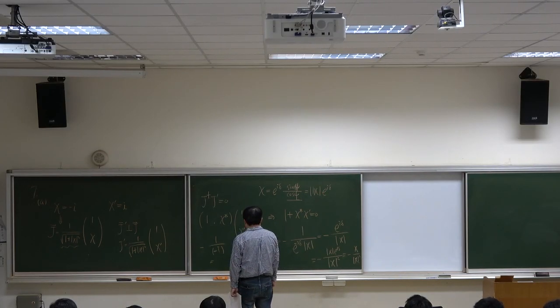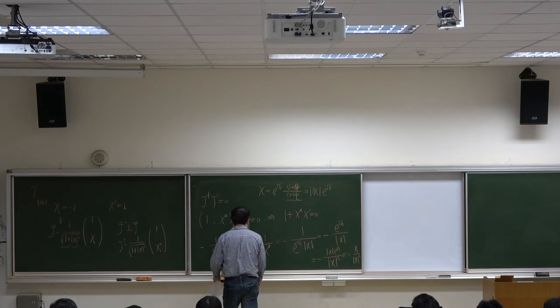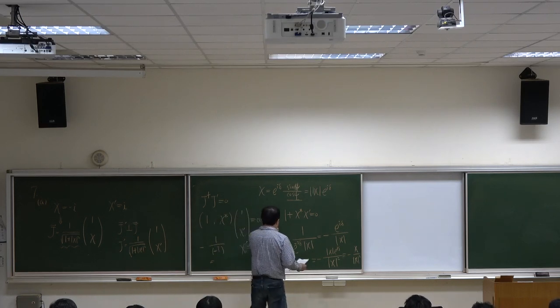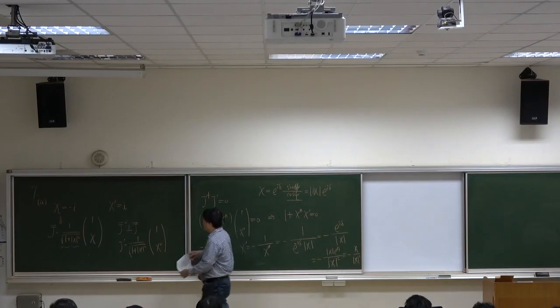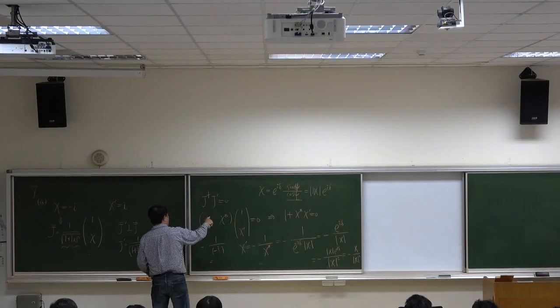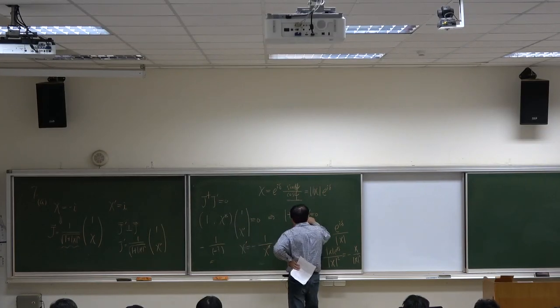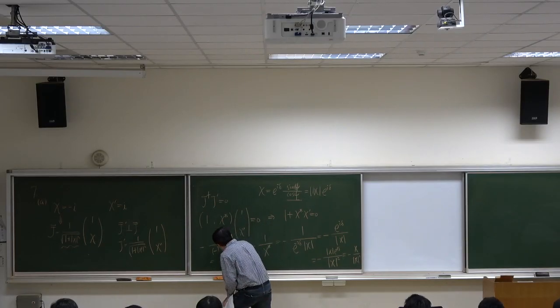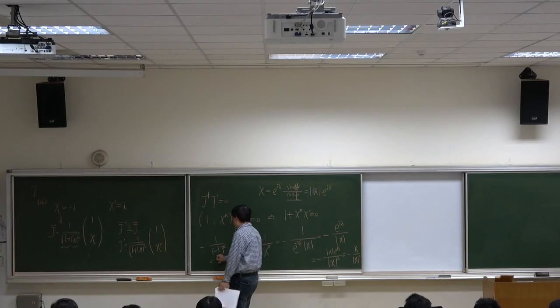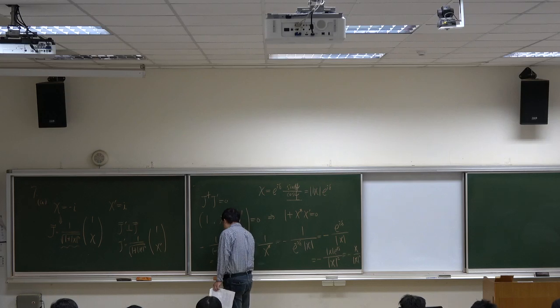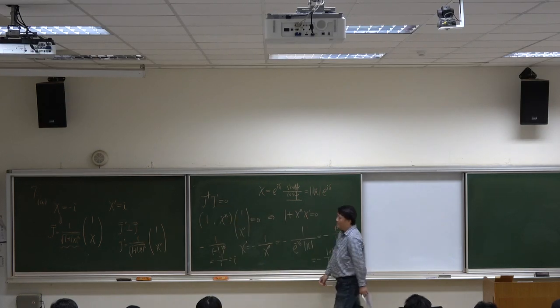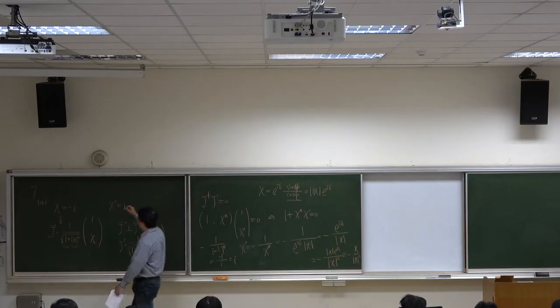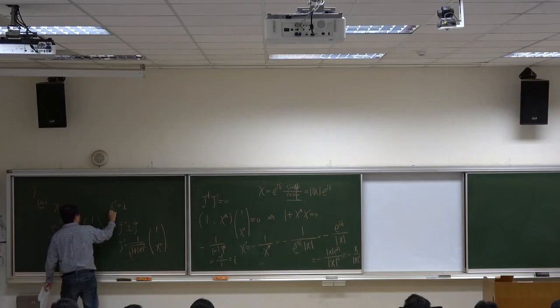Let me check whether this is correct. Yes. Originally it was minus i, and here it is star. So this means minus 1 over i, which is i. The answer is i. So the answer for the A item is i.